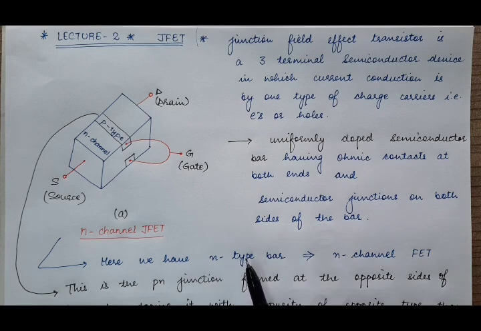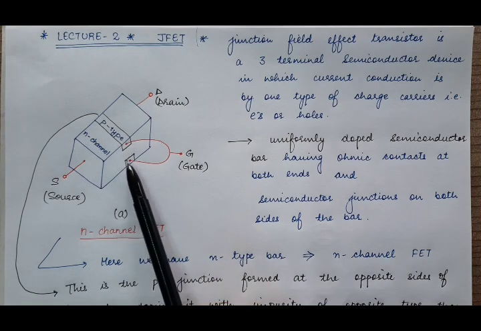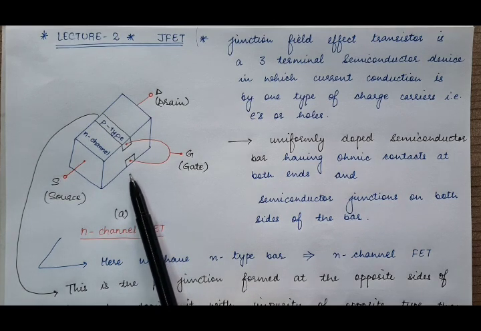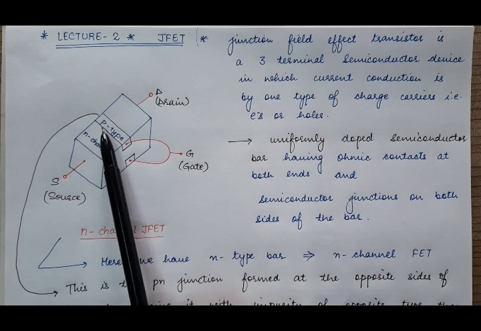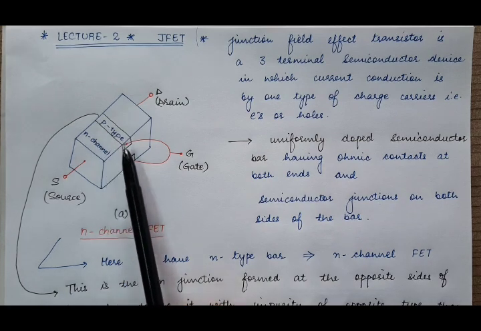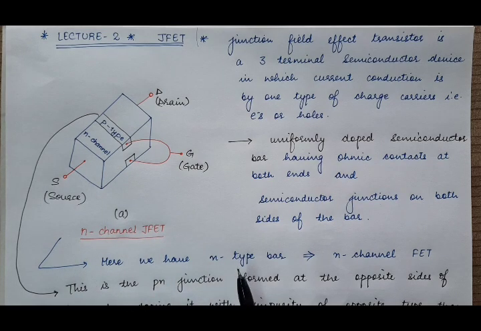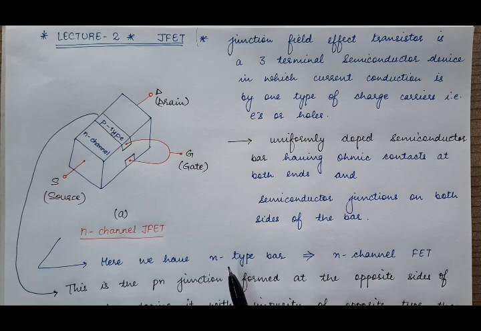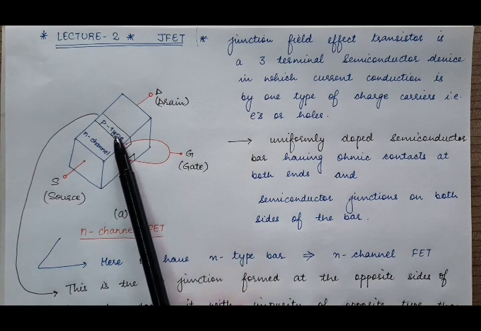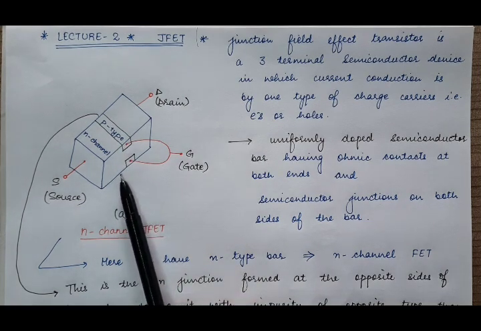And as you can see, on both sides of this bar we have a P-type material. Because of the diffusion of this P-type material on both sides of this N-type semiconductor bar, we will have PN junctions on this side as well as on the lower side of the bar.